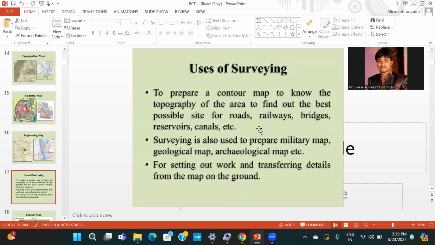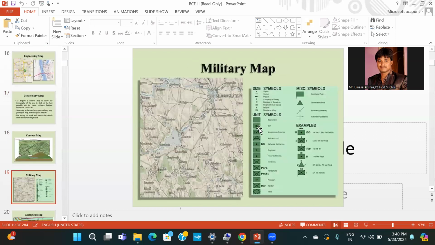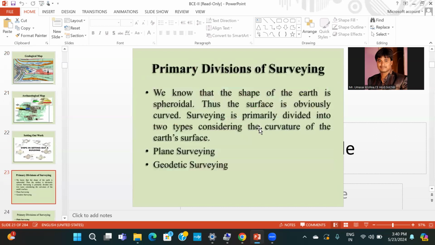Surveying is also used to prepare military maps, as we have seen cadastral maps, and for setting out of works for the construction of dams. So in setting out of buildings, the major part of surveying is used for the borders.